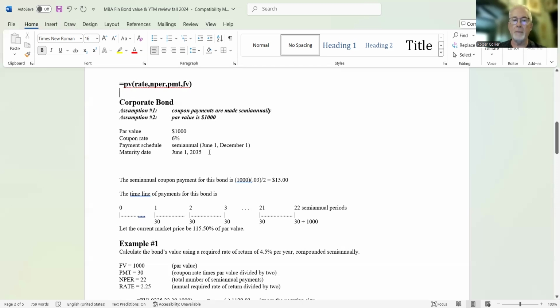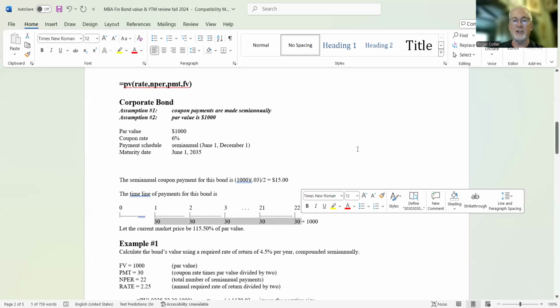All right. So what do we know? Well, we know that the coupon payments are 6% times 1,000 or $60, divided by 2 because of the semi-annual, or $30. So we have all of these coupon payments, $30.